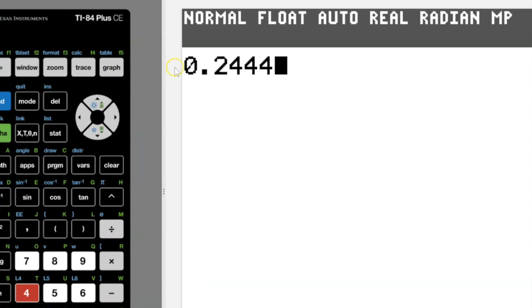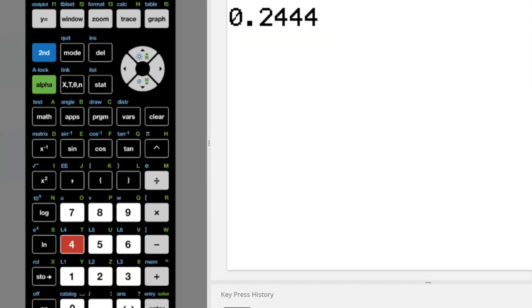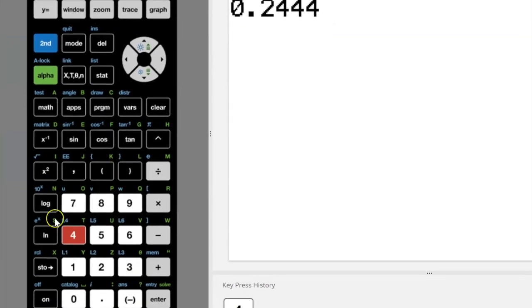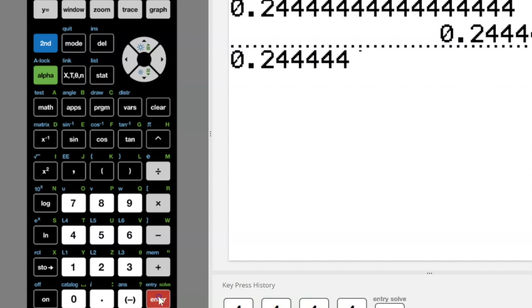There we go. If you take something like that and you just go 4, 4, 4, 4, 4, 4, 4 over and over, and you press enter, enter.